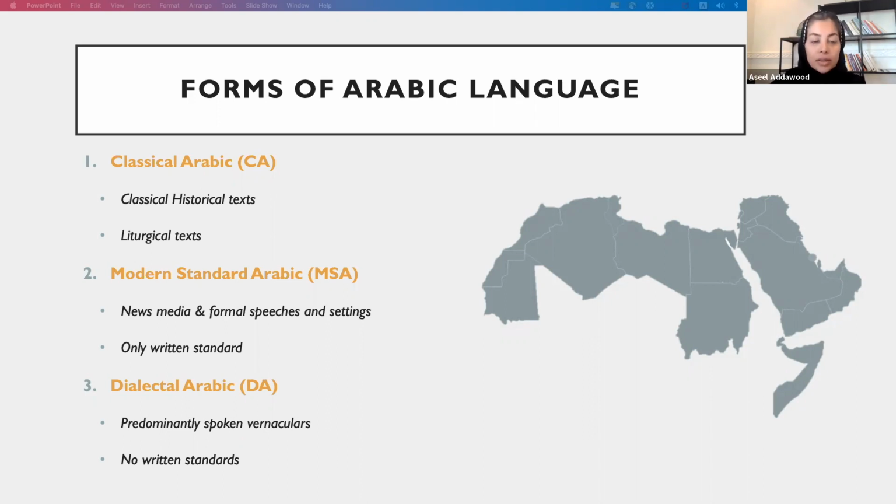Actually, we have multiple dialects all around the Arab regions, and people who speak Arabic have different dialects. Sometimes I, from Saudi Arabia, will not be able to understand, or I have difficulties understanding, another dialect.